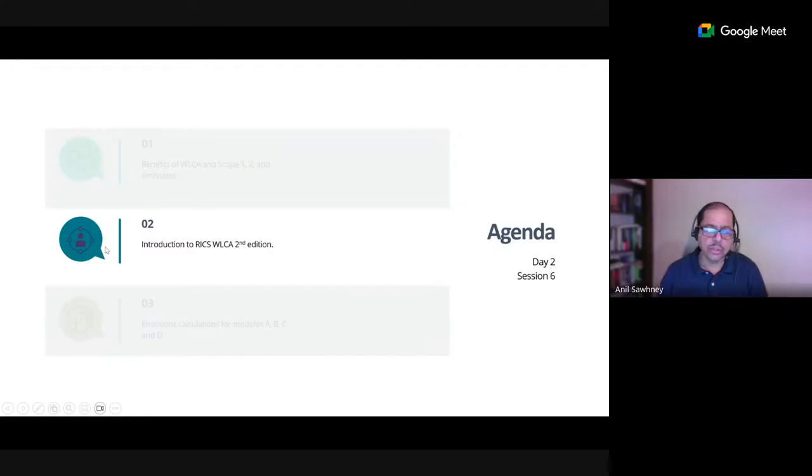Okay, so that sort of concludes our first section, which was primarily focused on the benefits of whole life carbon assessment and its linkage to scope 1, scope 2, scope 3 emissions.